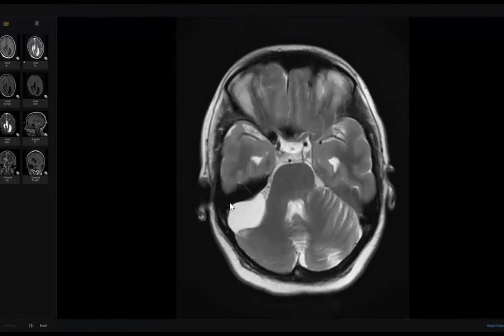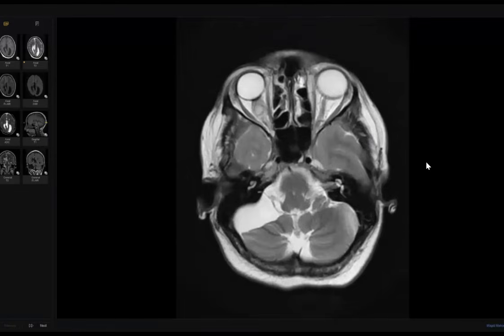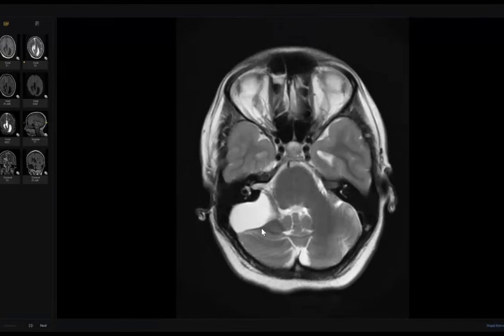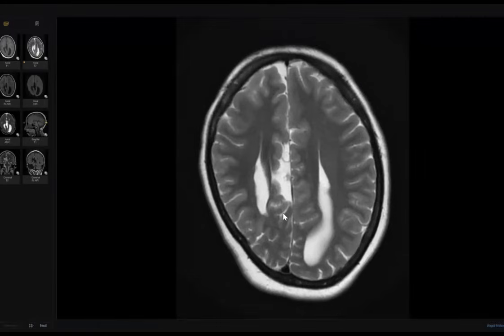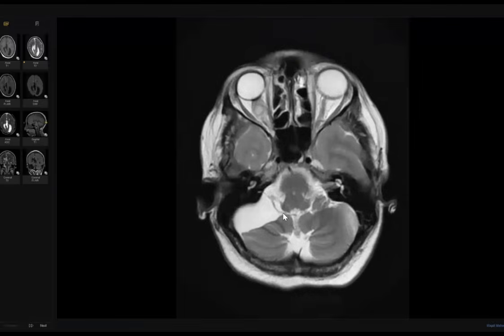Okay, and what is this? It can be either an arachnoid cyst, but I should check other sequences. Do you detect anything else? Look at the orbit, please. Oh, there is also a large, right, right or left?